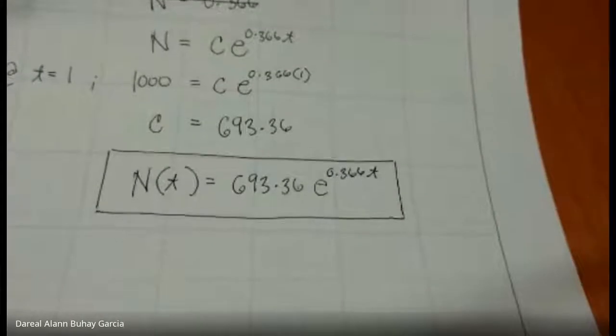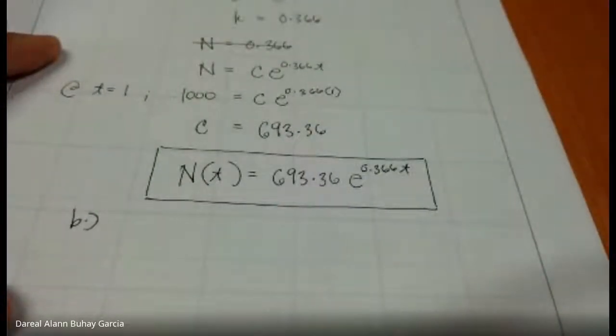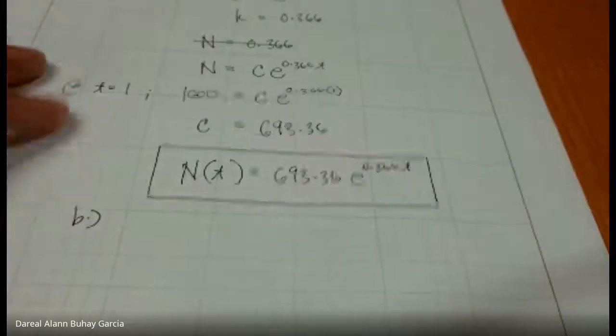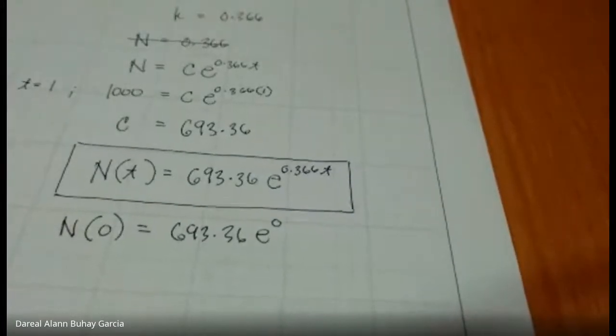For B, what is N when T is 0? That's easy. Substitute 0 for T, which gives 693. So the original value, N at 0, is approximately equal to 690.